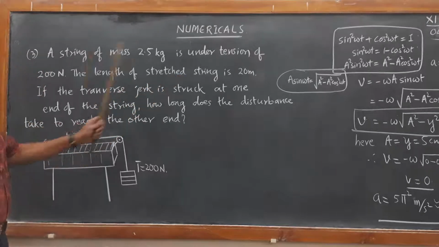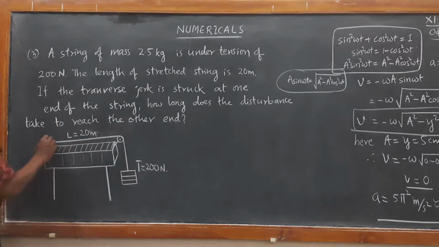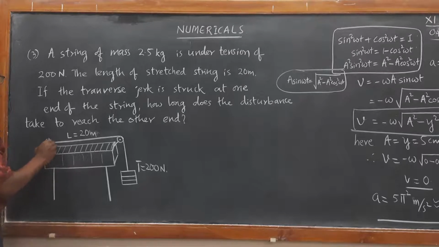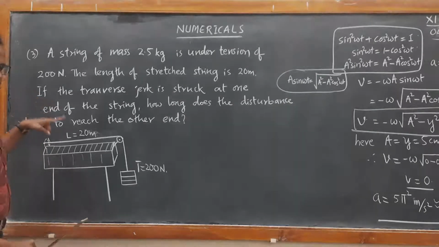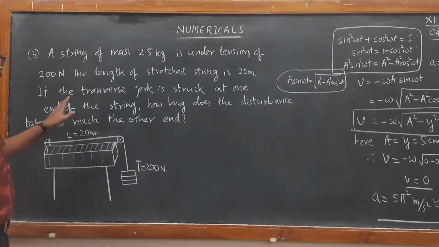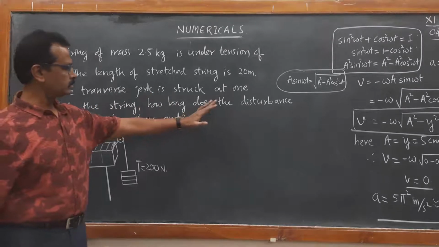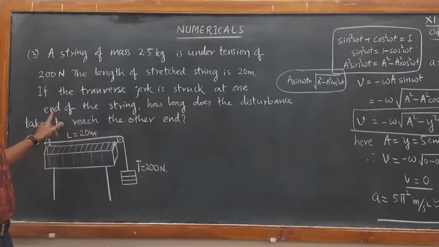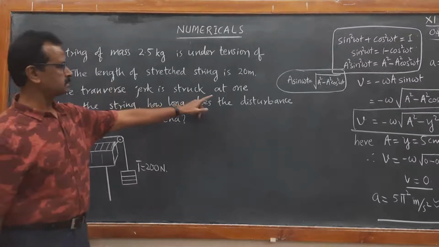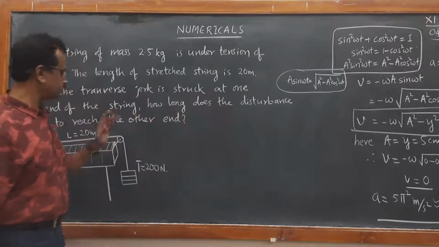Then if a transverse jerk is struck at one end of this string, suppose it is given a jerk here, transverse up and down, meaning it is plucked once up and down like this, how long does this transverse jerk take to reach the other end?